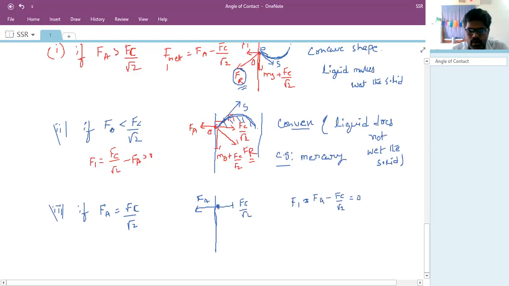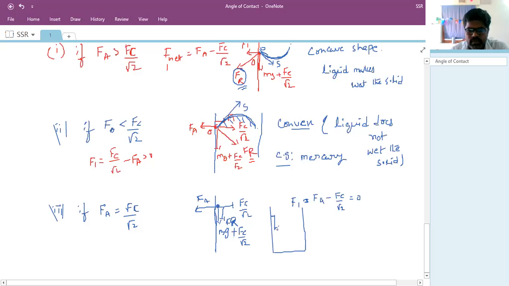Then F1 is 0. That means there is no horizontal force, only vertical force. What is the vertical force? On the liquid molecule, mg plus FC by root 2. Are you clear on this? In such a case, the resultant force FR is vertically downward on the liquid molecule, like this.